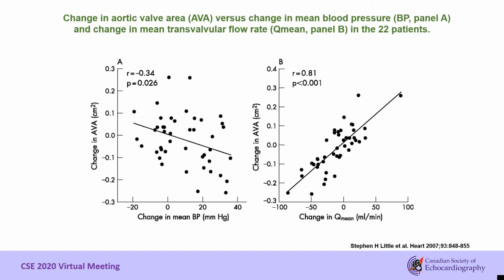The effect of blood pressure on measurements of aortic stenosis has been investigated by our group. We show that elevation in blood pressure may result in a decrease in aortic valve area, meaning more severe aortic stenosis, largely in patients with a decrease in transvalvular flow.